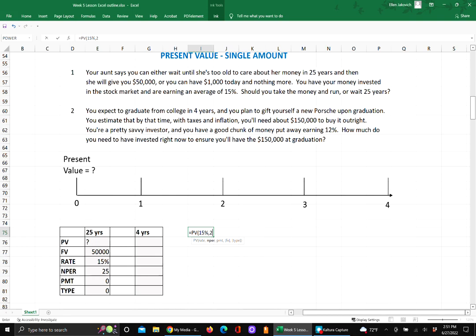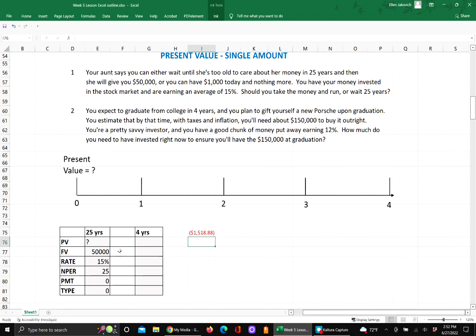That's 25, comma, payment is 0, comma, future value, which shows in brackets, meaning it's optional in some problems, but not ours, because we do have a future value, and it is $50,000. Notice I did not put a comma in my 50,000 because Excel would read that as 50 and then think the 000 was type. So just 50,000, comma, and then my type is 0, close parenthesis, and hit enter.